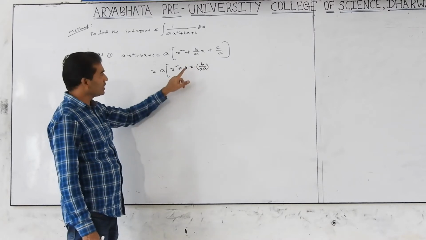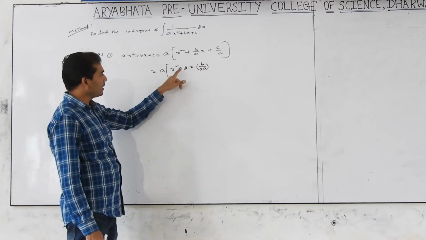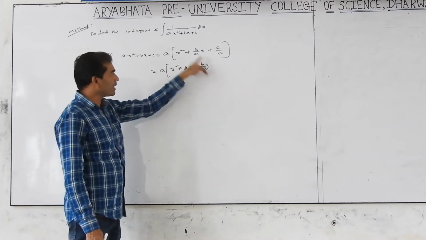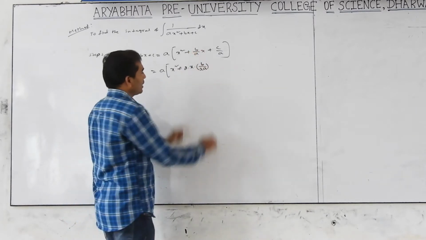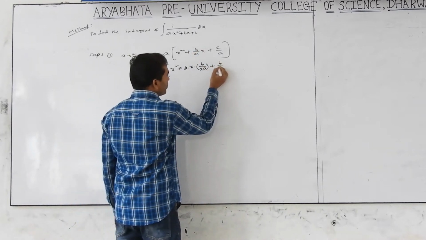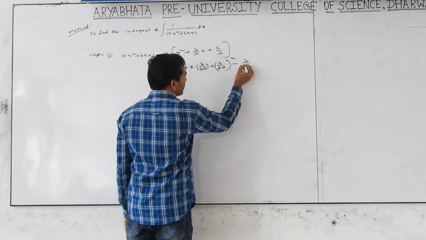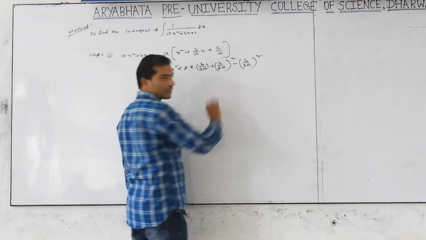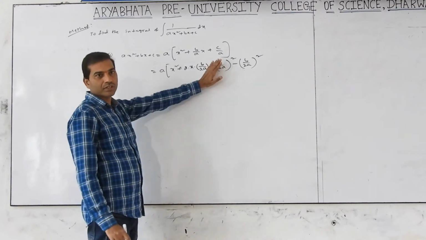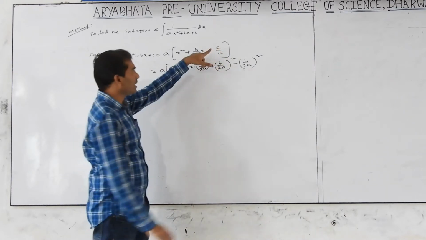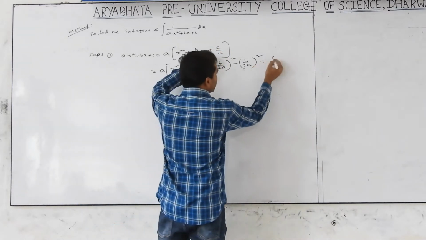Correct or not? So this is x square plus 2ab, plus b by 2a whole square. The b square terms we should add and subtract. The remaining constant is plus c by a.